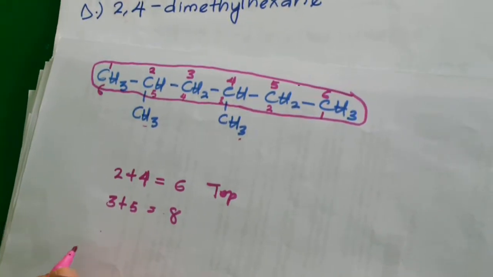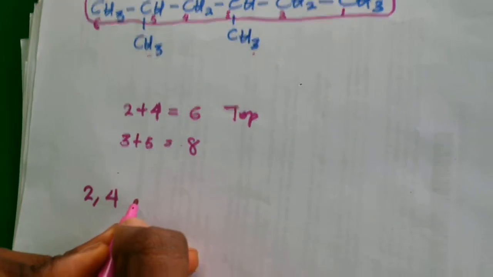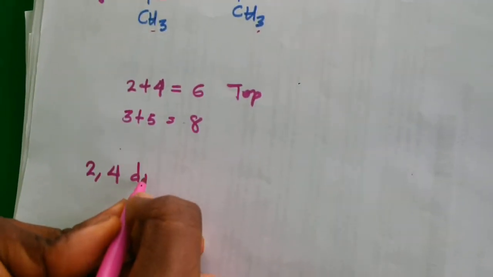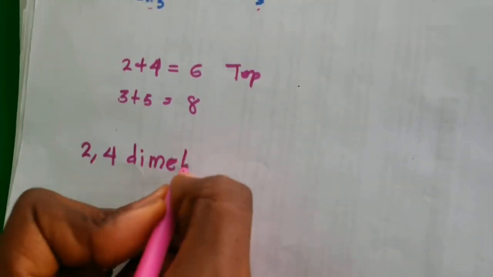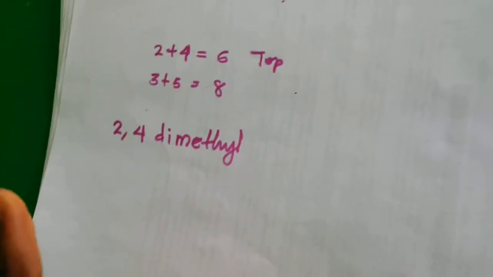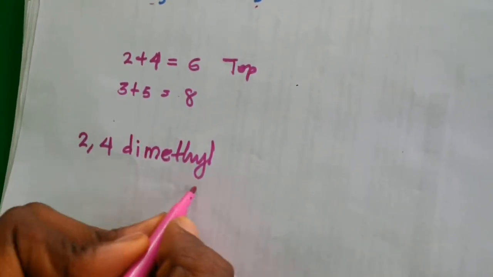Then we'll note their numbers. So there will be 2, 4, di, meaning 2, dimethyl, meaning 2 methyls. Then that would be the prefix.